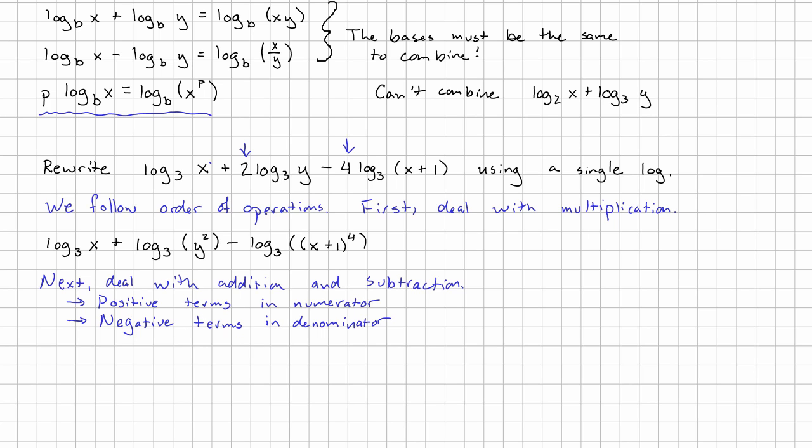Everything that comes from a negative term will go in the denominator. So we'll have the log base 3 of, in the numerator, we have an x and a y squared. In the denominator, we have an x plus 1 to the 4th. And that's all there is to it. We've now rewritten this using a single log.